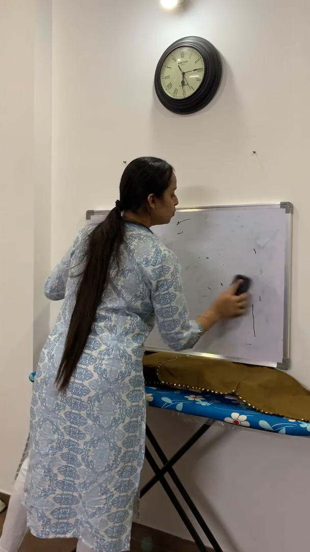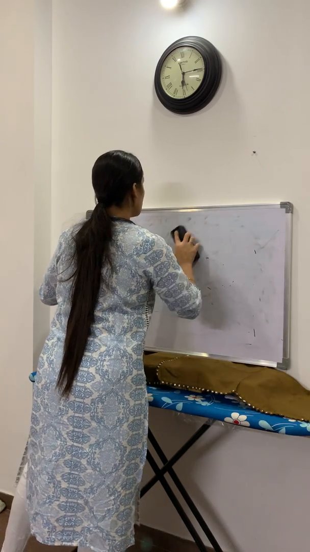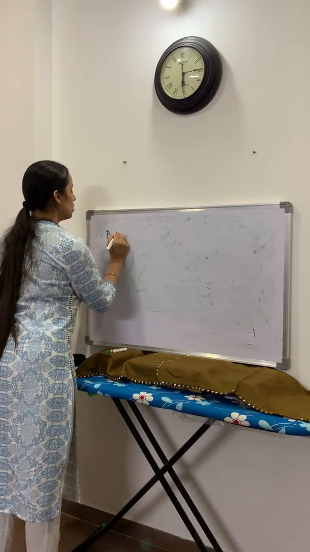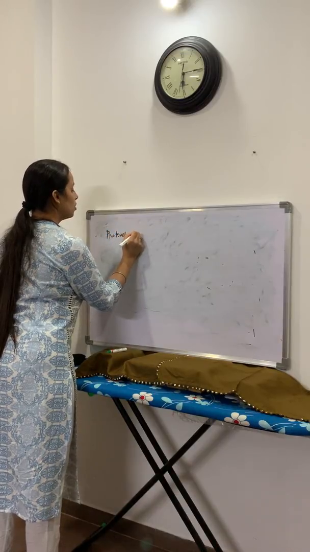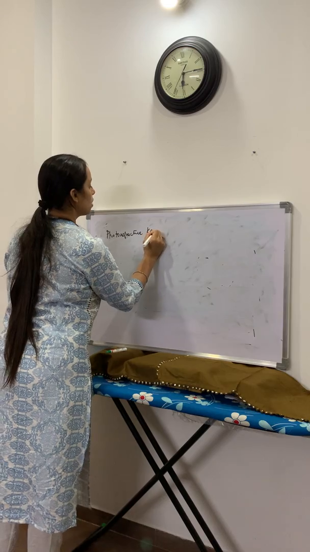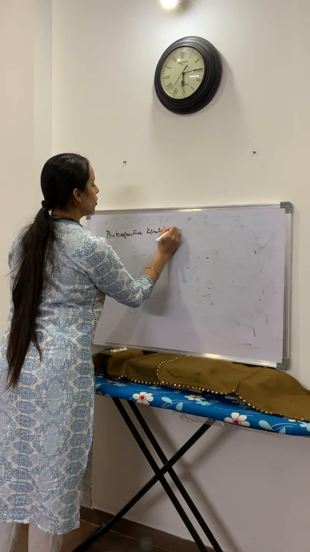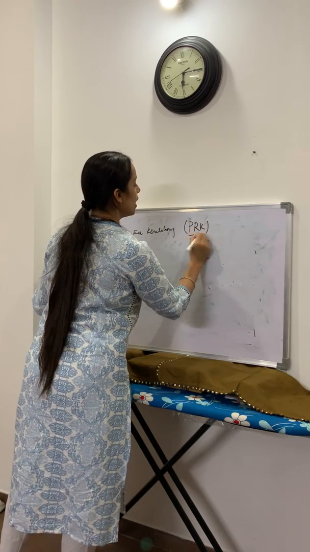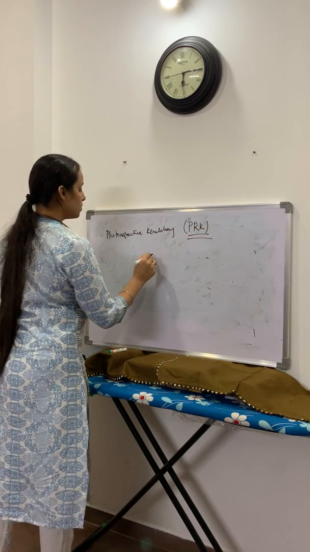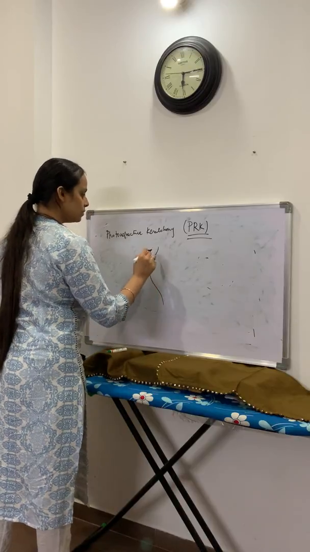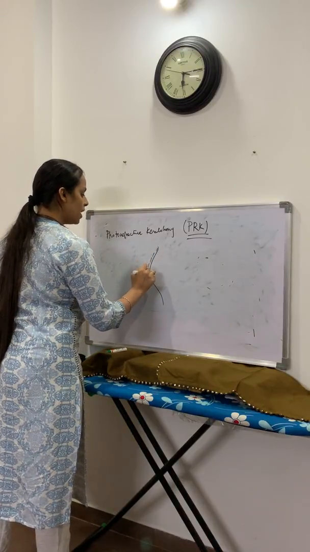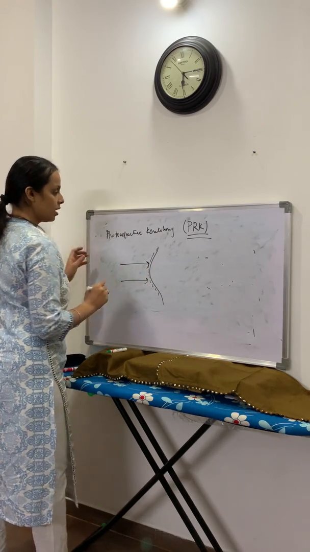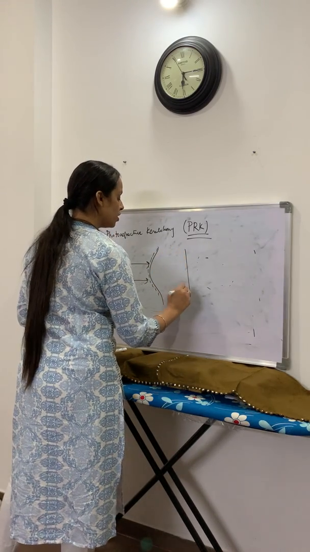Another thing which you can do for these patients is photorefractive keratectomy, which is called PRK. In PRK, again, suppose you have a cornea, you remove the epithelium of the cornea and you give excimer laser, and you somehow flatten the cornea.